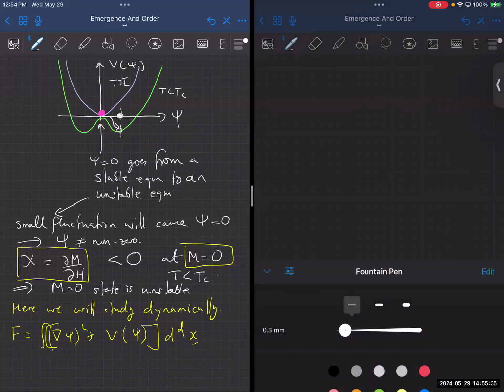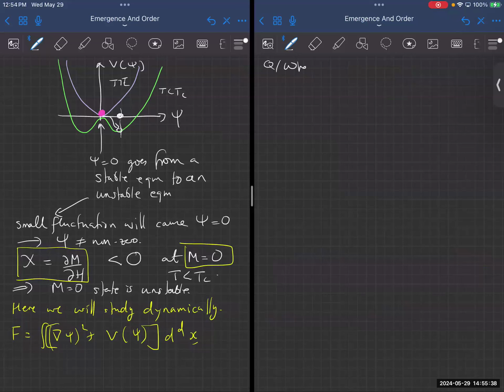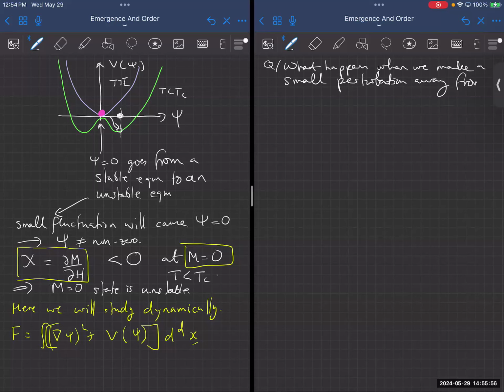So we can ask what happens. We can do the thought experiment about what happens when we make a small perturbation away from psi equal to 0. Initially psi moves away from psi equal 0.